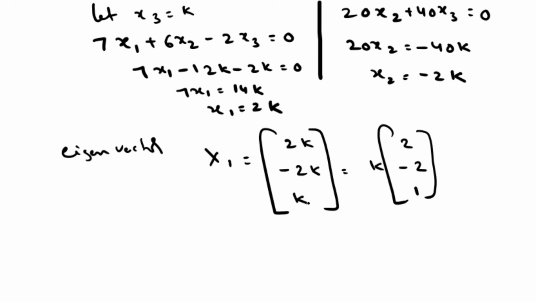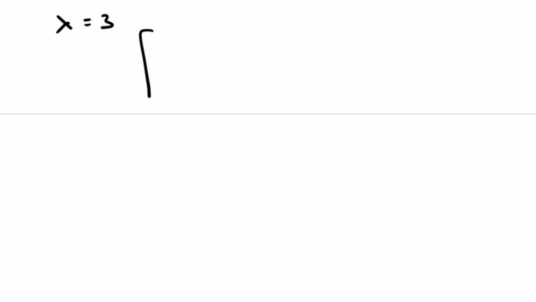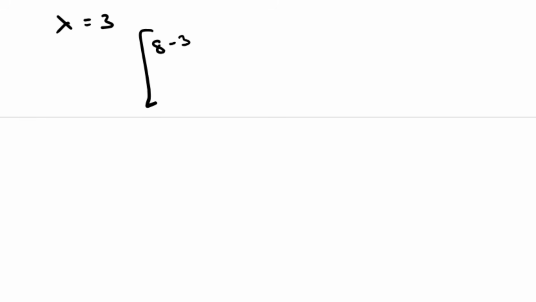For the eigenvalue lambda equals 3, the matrix is 8 minus 3, minus 6, 2; minus 6, 7 minus 3, minus 4; 2, minus 4, 3 minus 3.